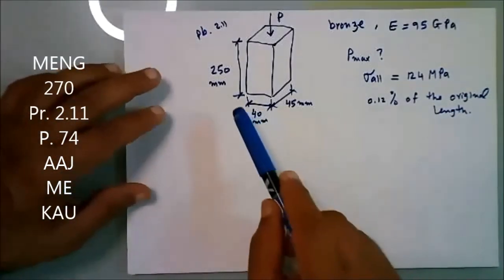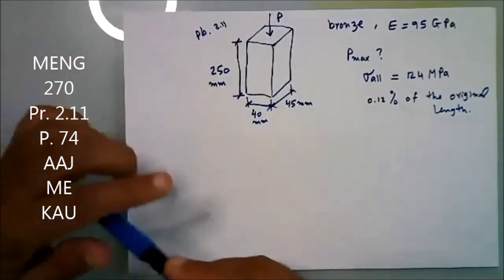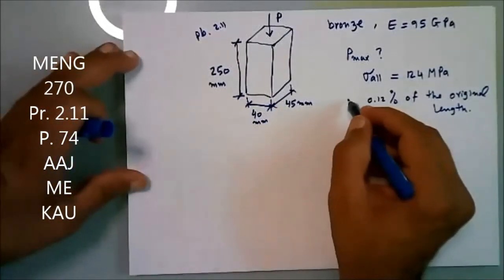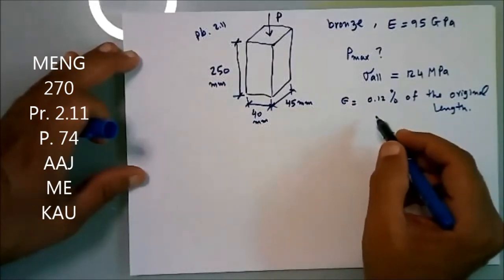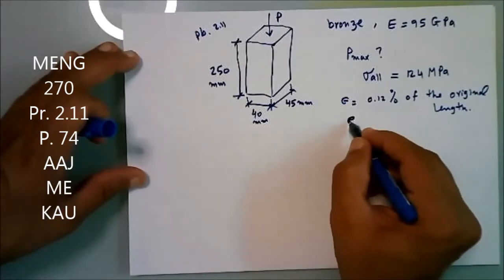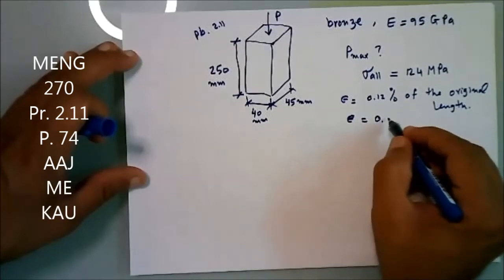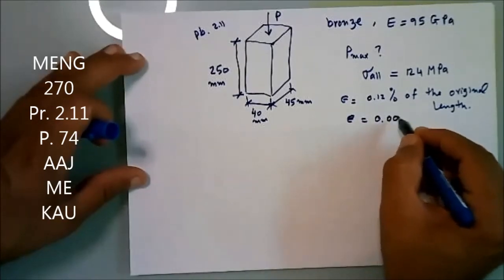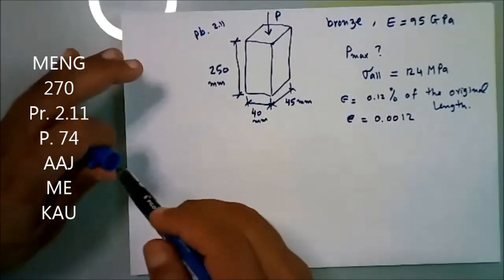The length is 250. This is the cross section. The maximum, actually this is strain, which is 0.12%. If we write it in our engineering terms, it would be 0.0012, because this percentage means another 100.